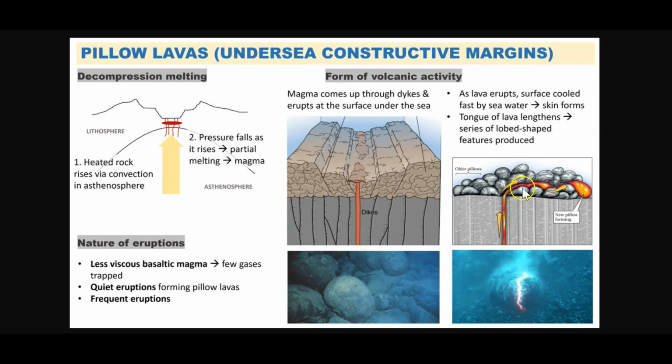And as the skin forms, the rest of the lava inside it still moves forward, and you get these tongue-shaped lobes forming, and eventually the surface of it hardens enough to constrain it, and another bit breaks out, and you get this series of lobe-shaped features being produced in this pillow lava.